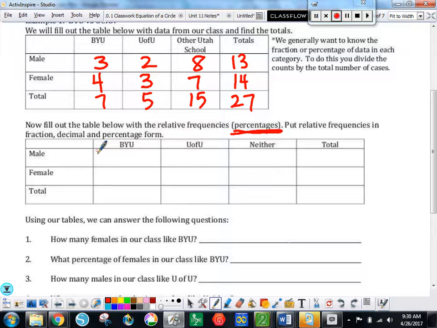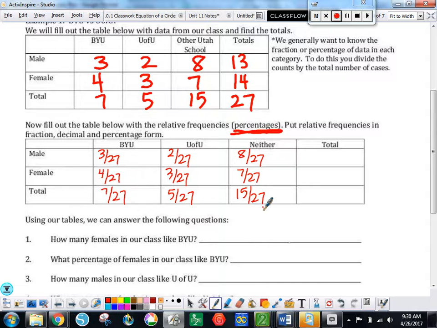We use two decimal places so that we can easily use the percentage.